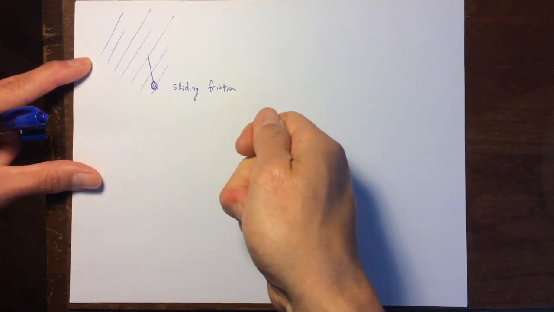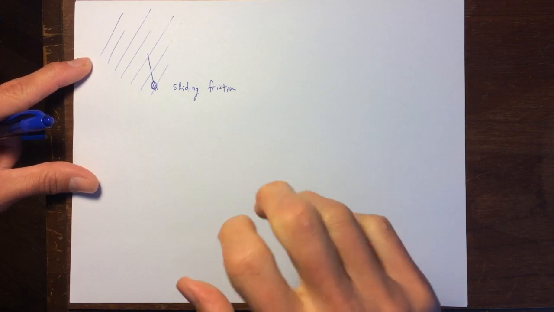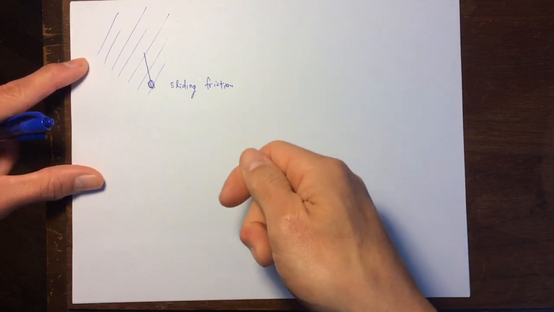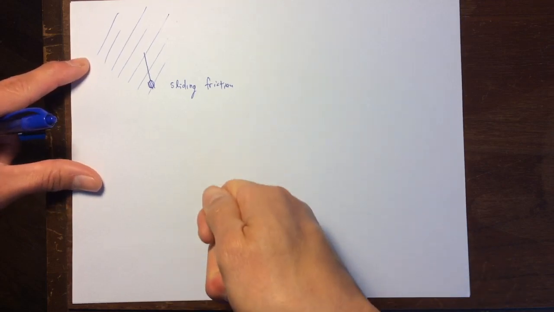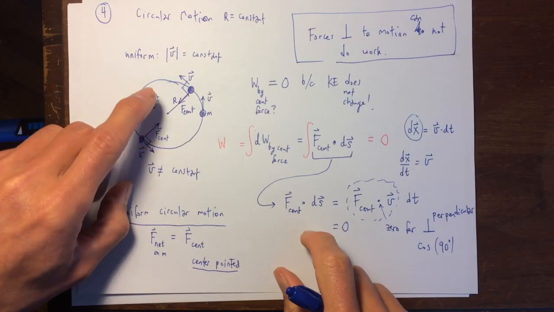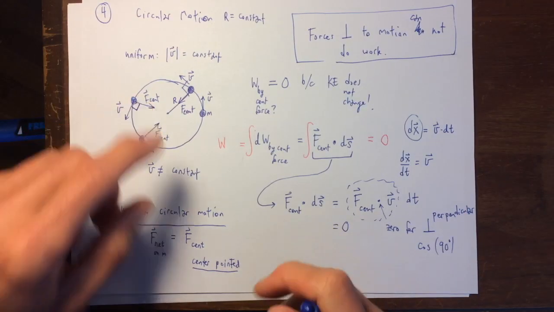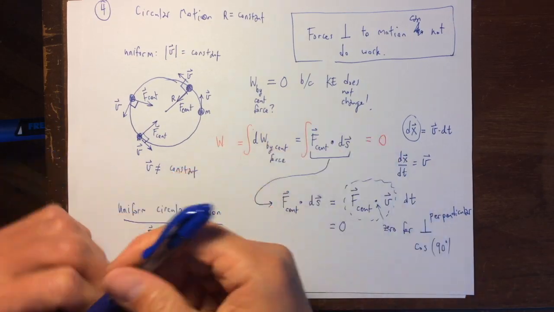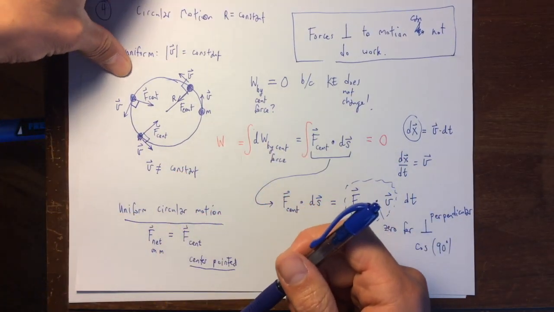You have to actually tug on the string a little bit in an interesting way. And the reason you have to tug on the string is you are not allowed just to use a center-pointed force. You have to actually pull on the object in its direction of motion a little bit.